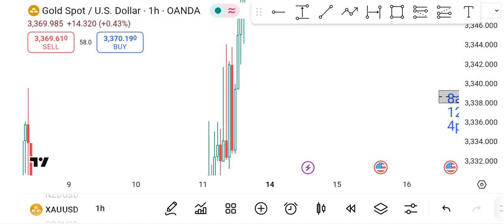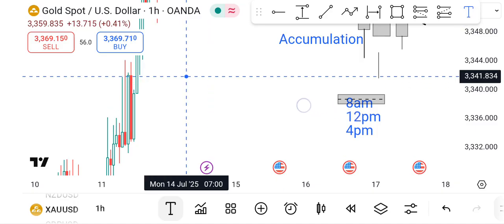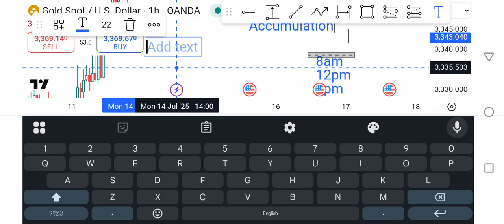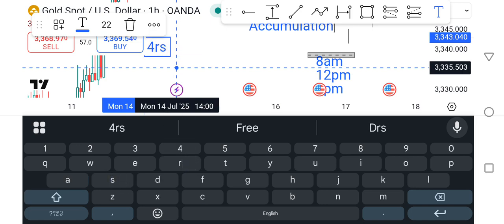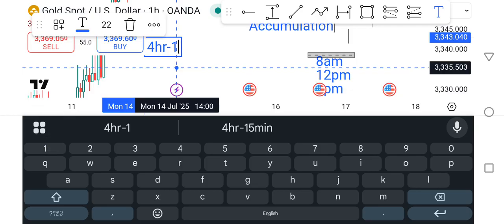So now the next step is the time frames. How do you consider the time frames and the entries? So when you spot a CRT pattern on the 4 hours time frame, you are supposed to scale down to the 15 minutes time frame for entries.